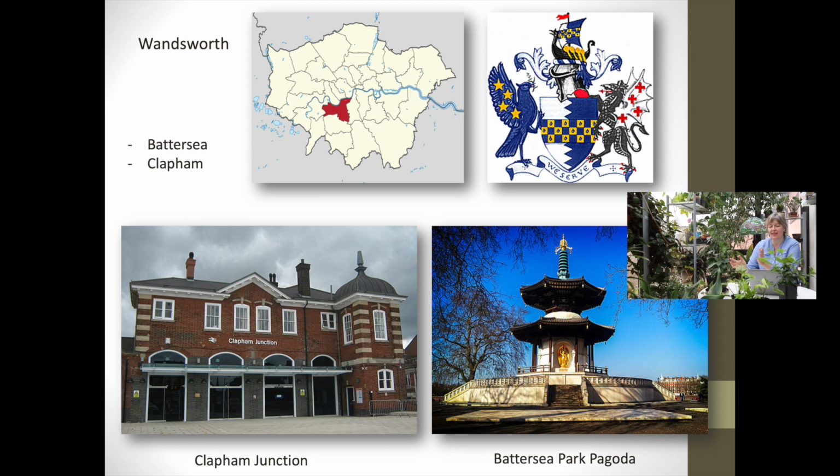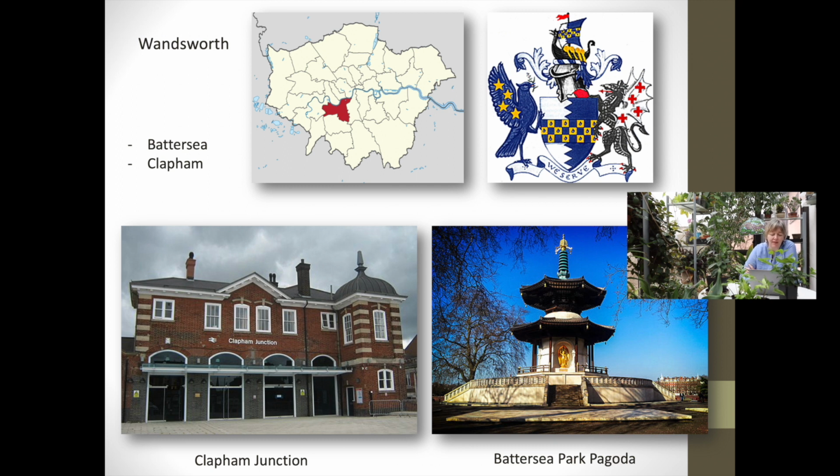Clapham Junction is the area with all those trains going in all kinds of directions. However, probably the most interesting place in this rather residential and not particularly rich borough is Battersea Park. And here we have a photograph showing perhaps the most characteristic element of the park being the Chinese pagoda.